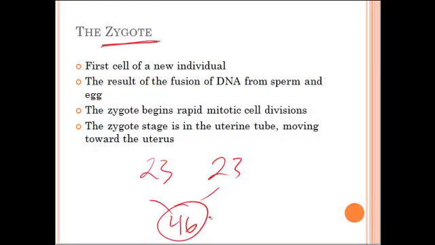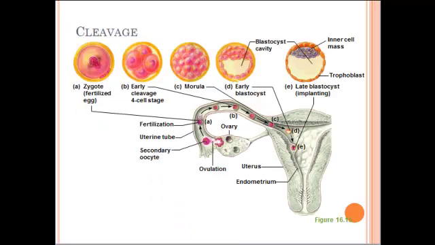The zygote is then going to start to replicate and produce more cells as the embryo grows. This process is called cleavage. So you have a fertilized egg, cleavage is going to occur, and you're going to go from 1 cell to 2 cells, and then 2 cells to 4 cells, and then you're going to move on in that way.